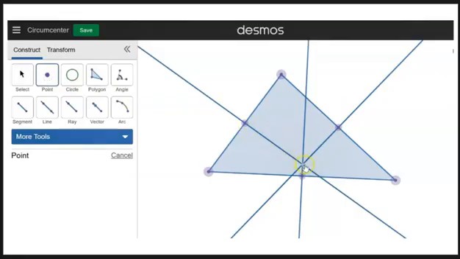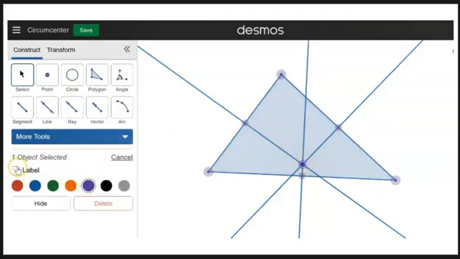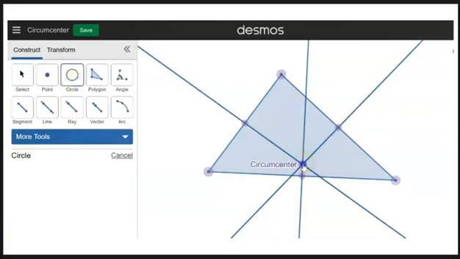The point where these three perpendicular bisectors intersect is the circumcenter. This is the center of a circle that is circumscribed about the triangle.